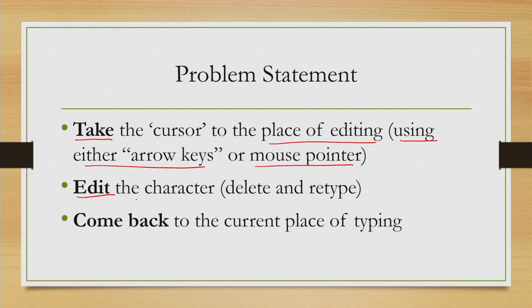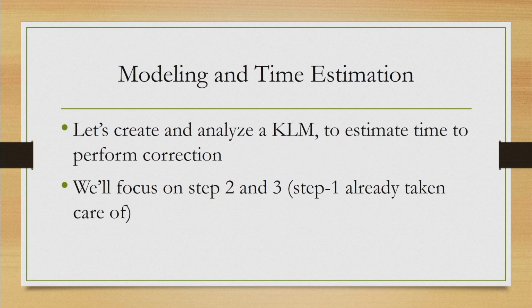Then you need to edit the character, that means deleting the wrong character and retyping the correct character, and then come back to the point from where you shifted to the point of error. Now, for this let us try to create and analyze a KLM. This KLM will tell us how much time it will take to perform the correction.